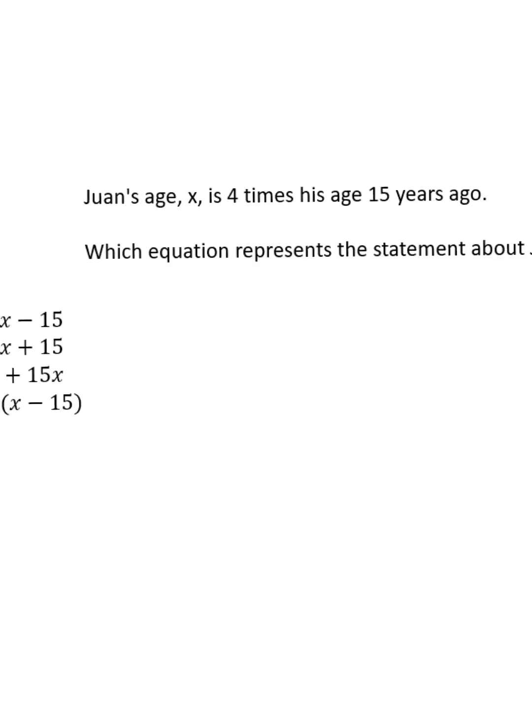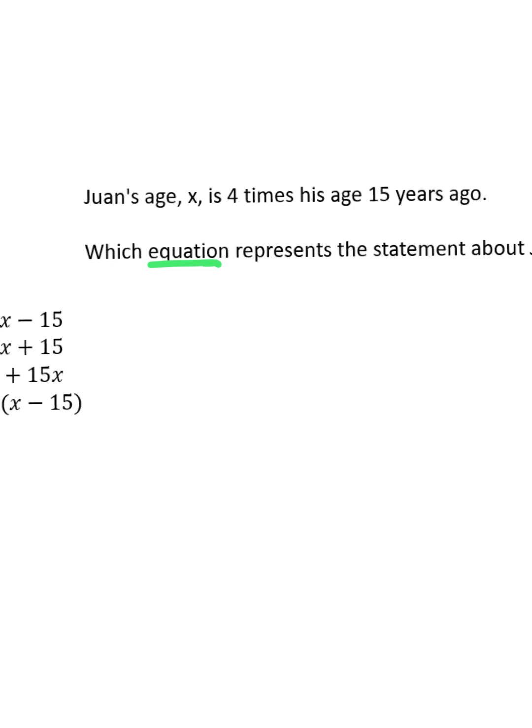All right, this problem: Juan's age x is 4 times his age 15 years ago. Which equation represents the statement about Juan's age? Equation tells me that it is going to have an equal sign in it.